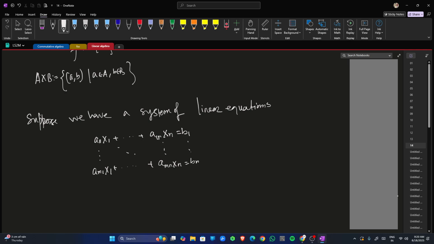Suppose you have a system of linear equations like this. Let's call it star.